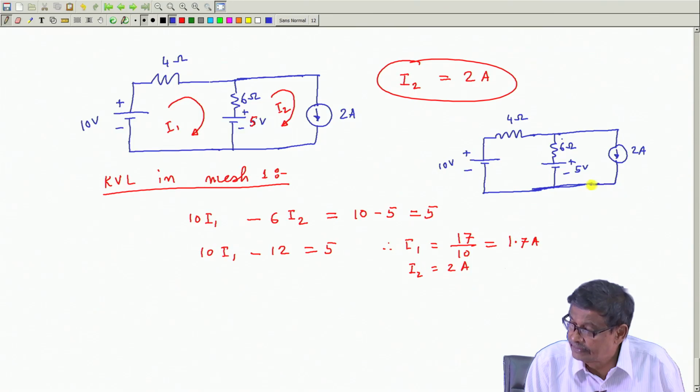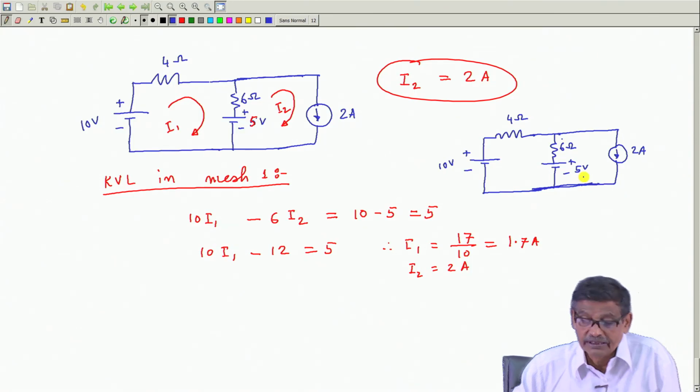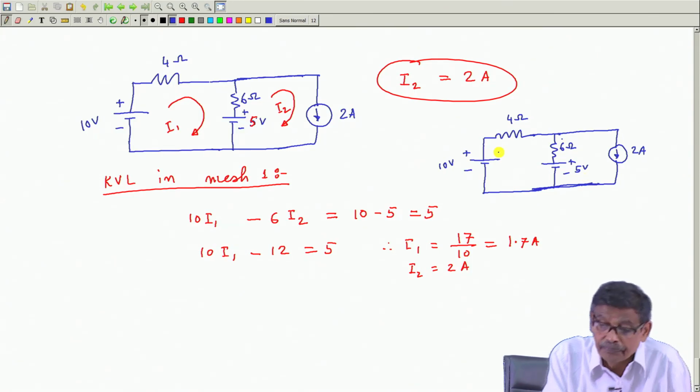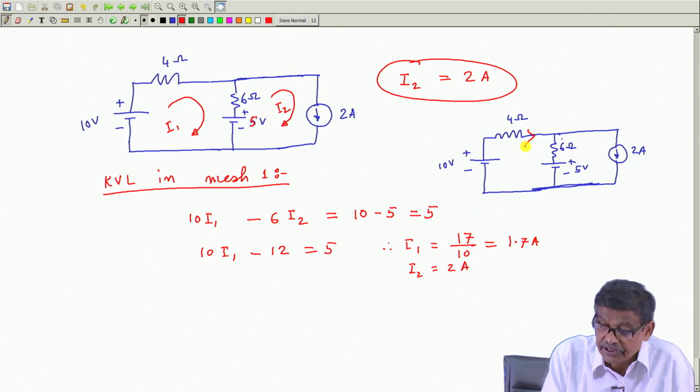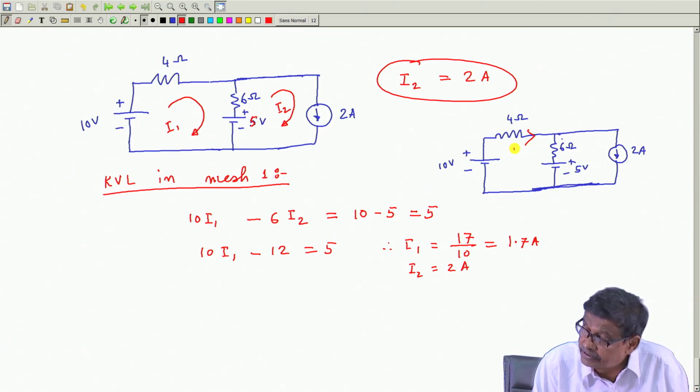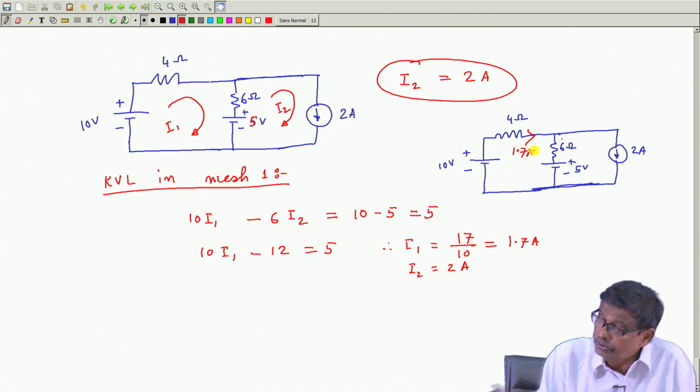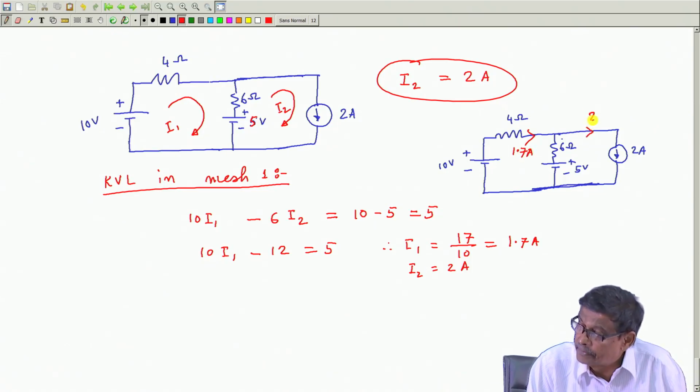But after I have solved this circuit, I know the branch currents. I 1 has become positive, that means the direction of I 1 in 4 ohm remains same and it is 1.7 ampere. I 2 in any case is 2 ampere.